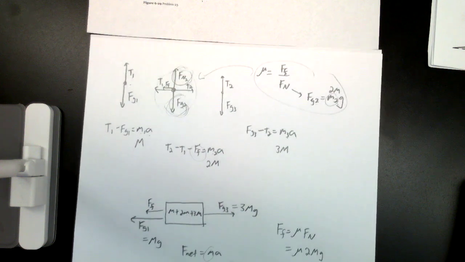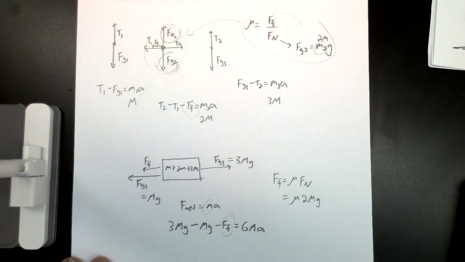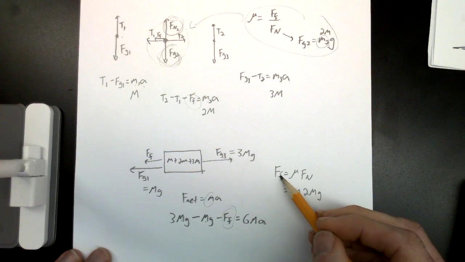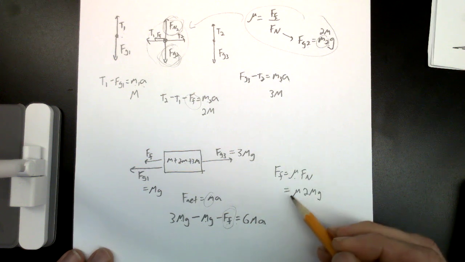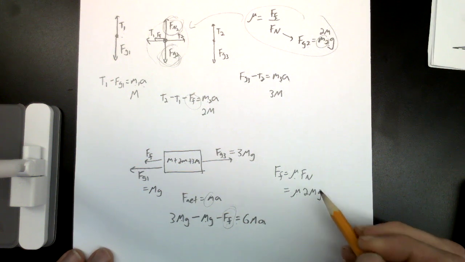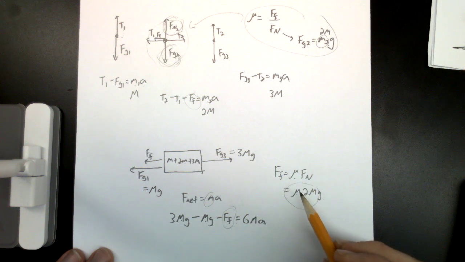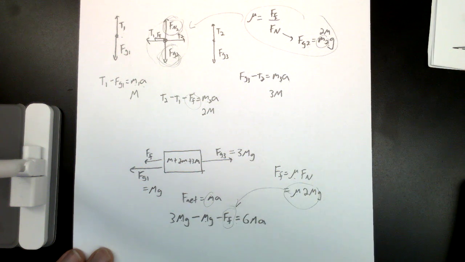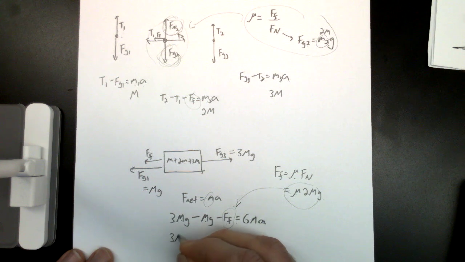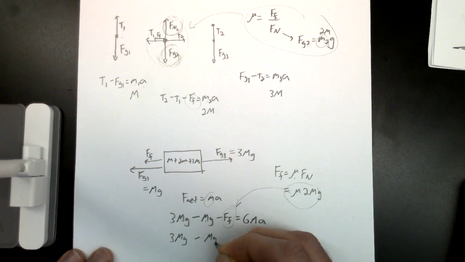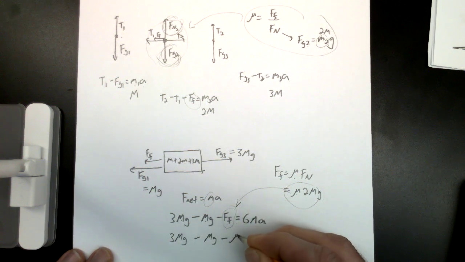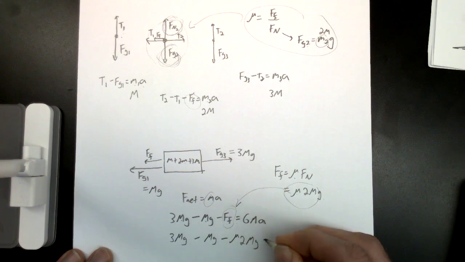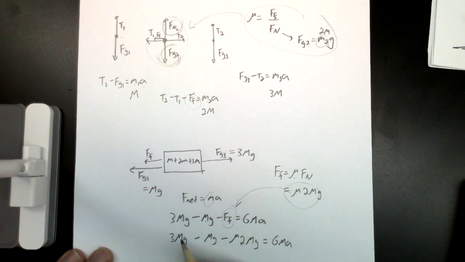Okay, so let's substitute, sorry, that was off camera. So the friction force is mu times the normal force, and that's mu times 2mg. So let's stick that in there, and let's see if we can cancel m's. So I get 3mg minus mg minus mu times 2mg equals 6ma, and great, all the m's are going to cancel.